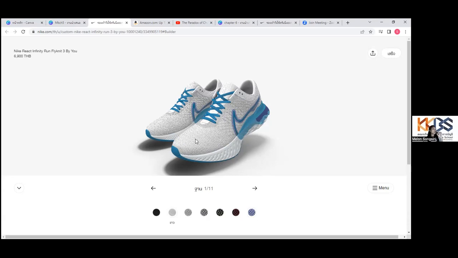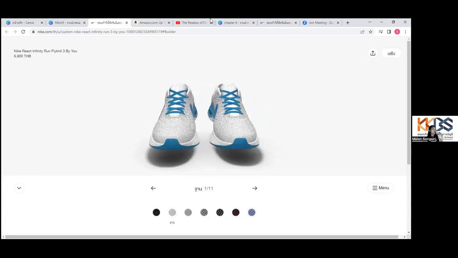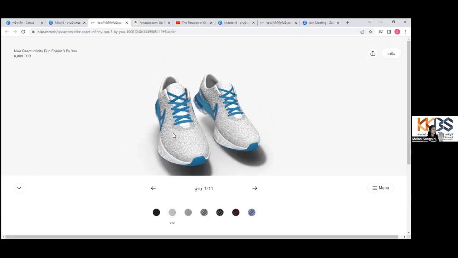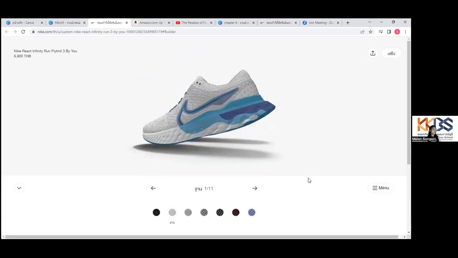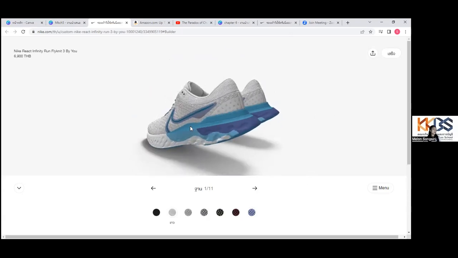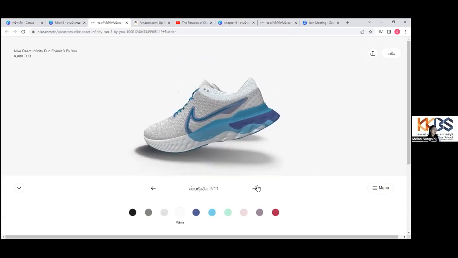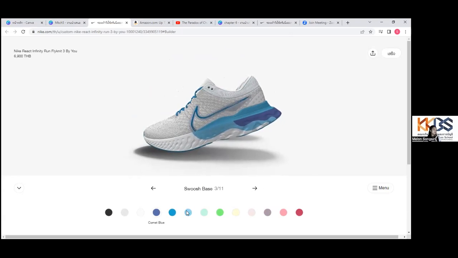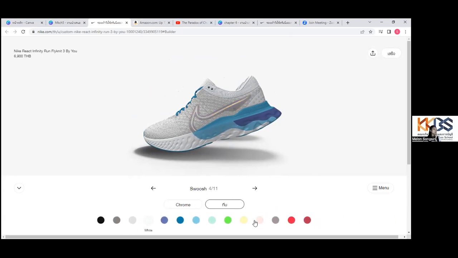With Nike By You, you can change everything about the shoes. For example, this one I can change. And the logo also, you can change to whatever you want. And Nike is very successful with this feature. Okay.